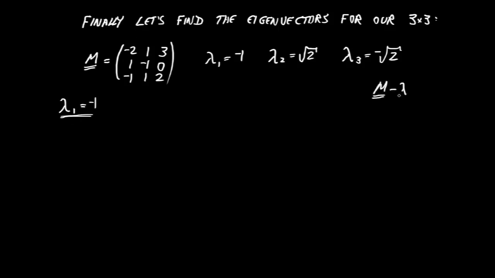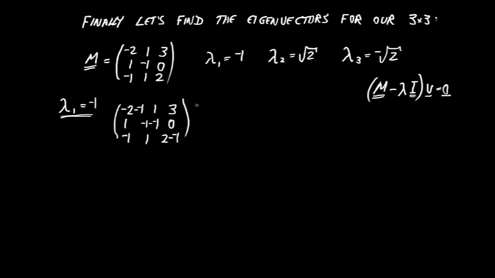So I'll write over here the little equation that we're using over and over again, which is that M minus lambda times the identity, multiplied by our vector, is 0. Okay, we need this difference matrix, so we subtract off the diagonal: -2 minus minus 1, and then 1, 3, 1, and minus 1 minus minus 1, and 0, minus 1, 1, and 2 minus minus 1.